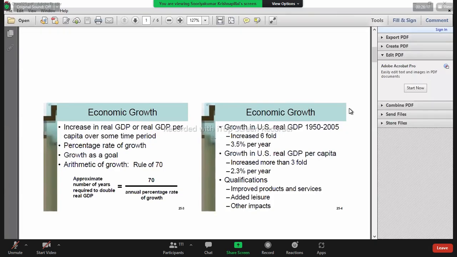So I think we didn't finish chapter 24. That's why I didn't complete. So I can go back to chapter 24, I think.